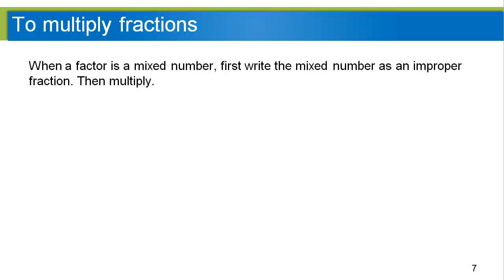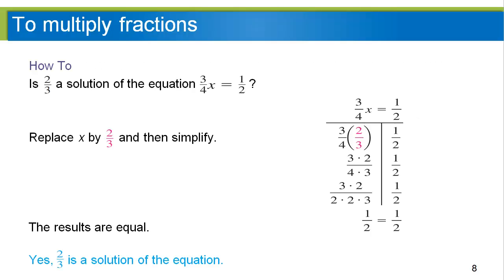Now, when we're adding and subtracting, we can go ahead and leave them as mixed numbers, and we can still do the math. But if we're multiplying and dividing, we have to convert them into improper fractions. And oftentimes, even when we're adding and subtracting, it makes it easier to turn them into improper fractions. So it's a good skill to practice, being able to go back and forth from a mixed number to an improper fraction.